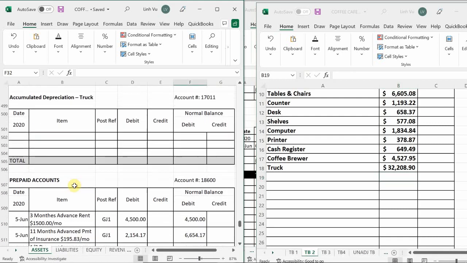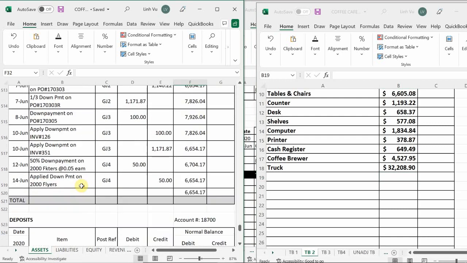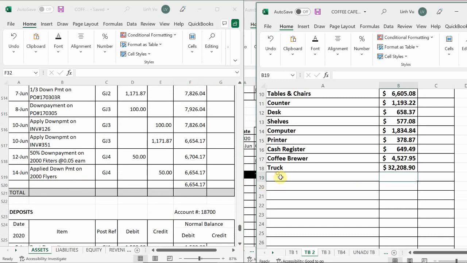Okay. Now we're moving into prepaid accounts. What's my account balance in my prepaid accounts account?